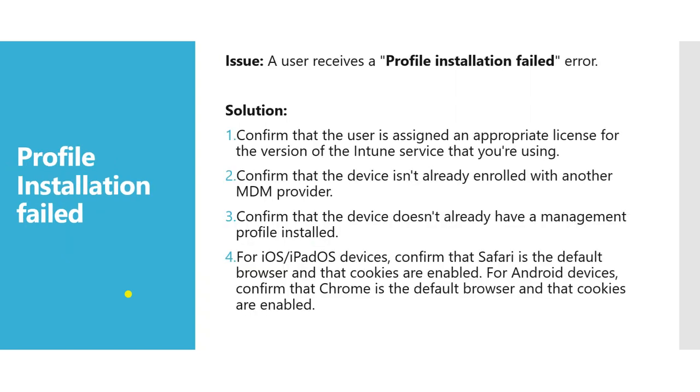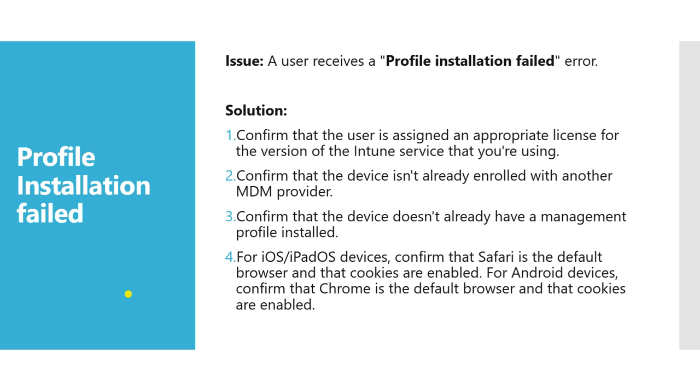The profile installation failed. A user received the profile installation failed error. How can you resolve that? Confirm that the user is assigned the appropriate license for the version of the Intune services that you are using. Confirm that the device is not already enrolled with another MDM provider.